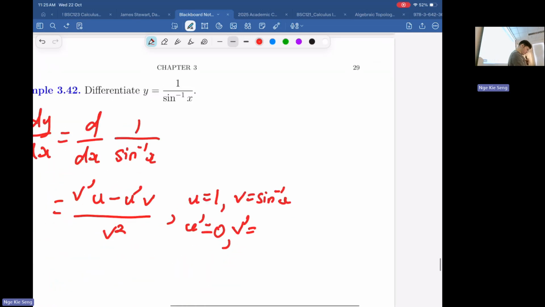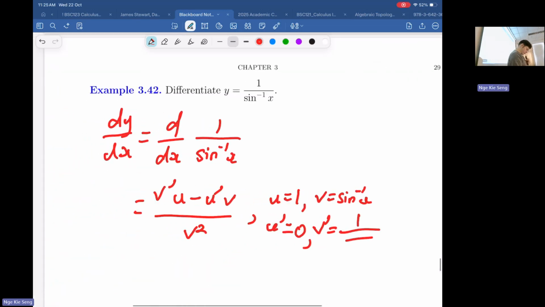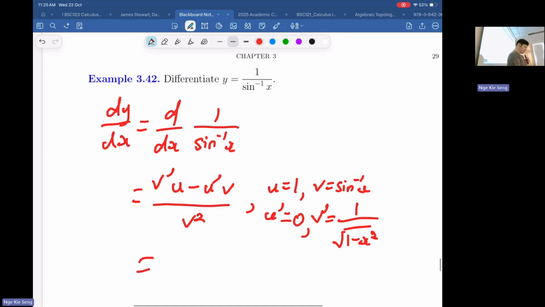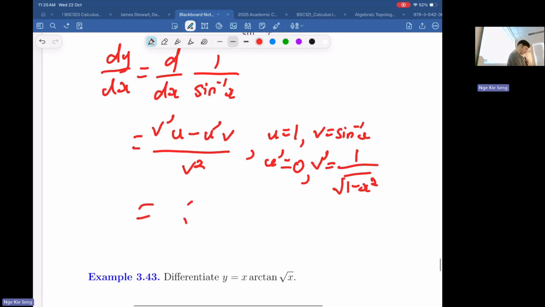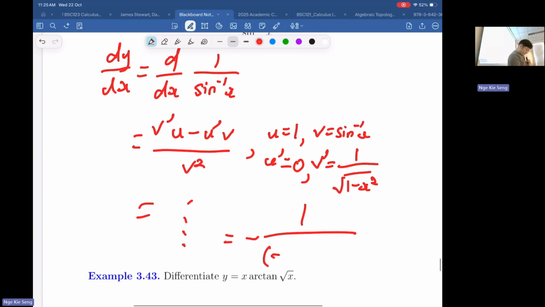So you just place that, put everything in and sub it in. And what do you get? Kind of complicated. So it's minus 1 over sine inverse of x squared times square root of 1 minus x squared. That's all.